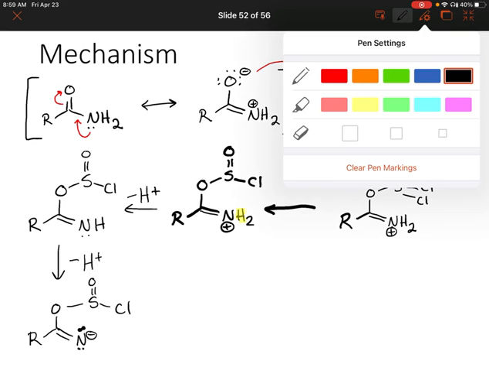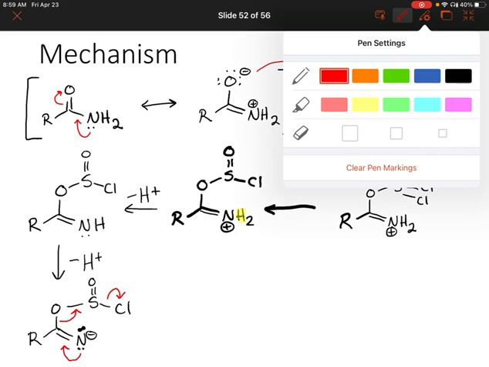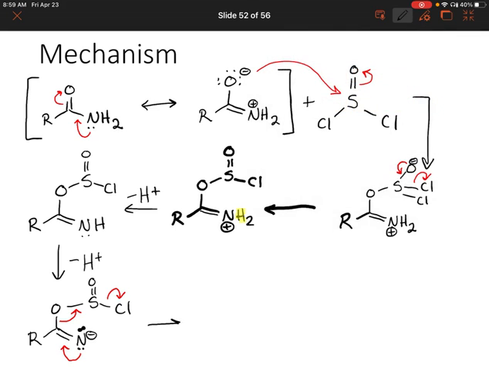Okay, so now at this point, nitrogen can make its triple bond. That is going to then actually kick out oxygen, and it's going to create a double bond with sulfur. And chlorine is going to also get kicked out there. So there's a lot happening in this one step.